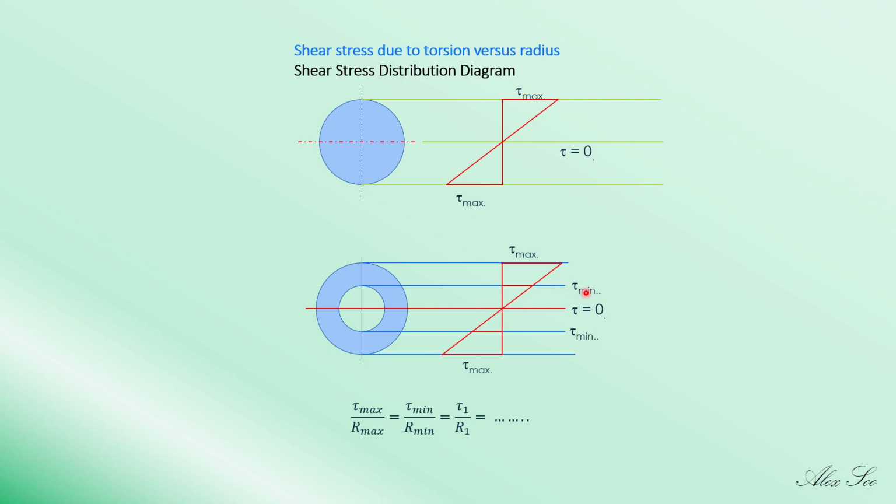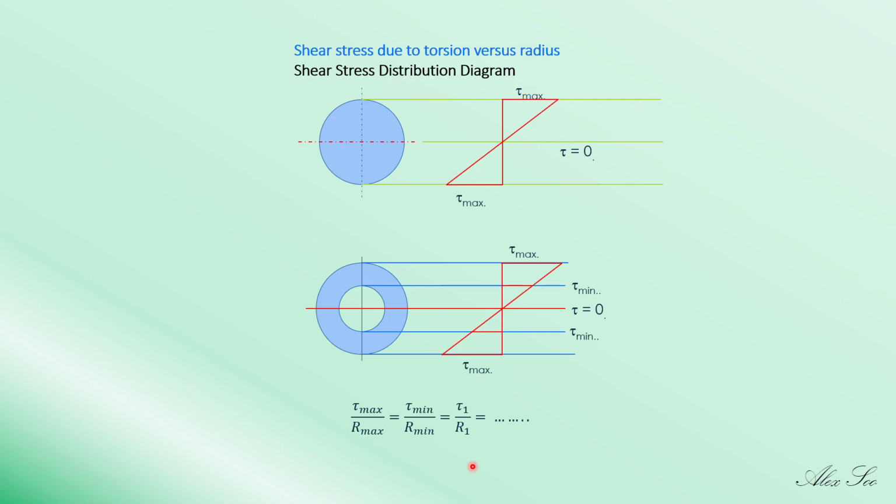So that means your shear stress, maximum or minimum, really depends on whether you are looking at the inner radius or the outer radius. Remember, outer radius always will give you a greater shear stress, and the inner radius always a smaller shear stress. So that is why we can write a relationship between shear stress and the radius in this format.